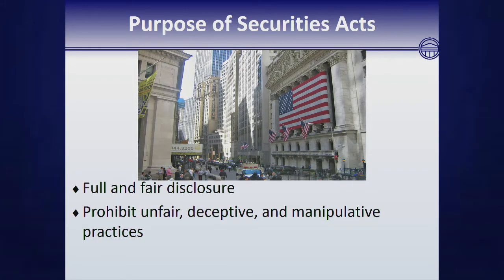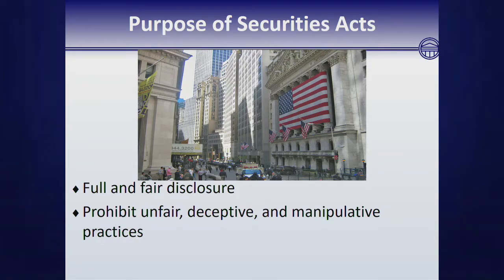So the second purpose of the Securities Act, in addition to full and fair disclosure, is that the acts prohibit unfair, deceptive, and manipulative practices. The Securities Exchange Act of 1933 is also known as the Truth in Securities Act. This act regulates the sale of securities in the primary market.